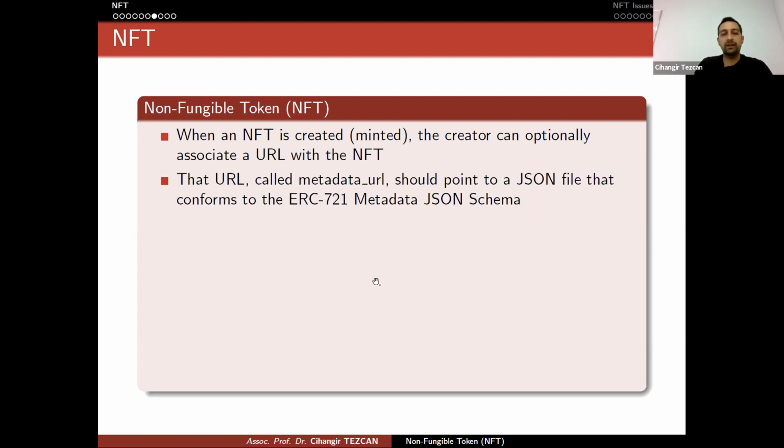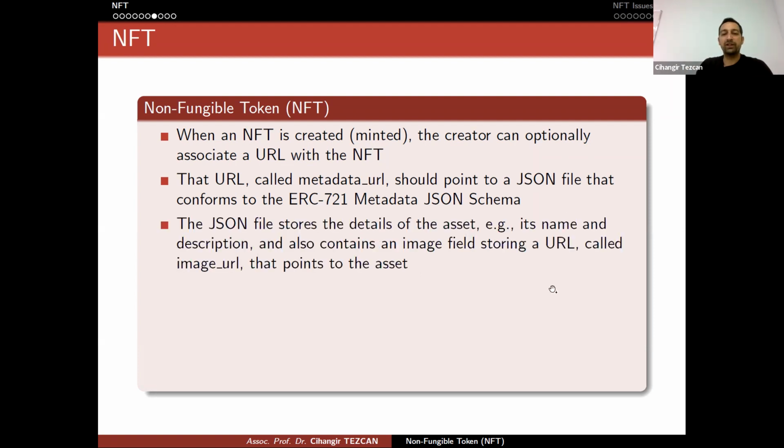That URL, called the metadata URL, should point to a JSON file that conforms to the ERC721 metadata JSON schema. The JSON file stores the details of the asset, for example its name and description, and also contains an image field storing a URL, called the image URL, that points to the asset.